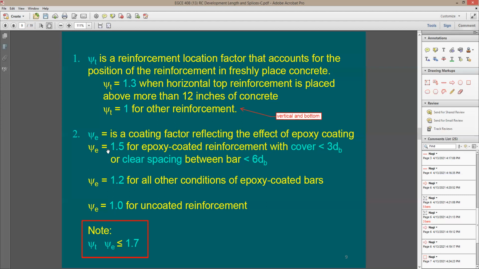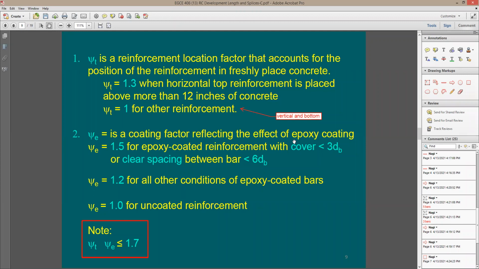But this 1.5 is going to happen when you have the cover smaller than 3 times the bar diameter, which means when you have this bad condition of a smaller spacing or smaller amount of concrete surrounding the rebar. You see, when the clear spacing is going to be less than 6 times the bar diameter, which means the rebars are closer to each other, or when the concrete cover on the top or to the side, any concrete cover, is going to be smaller than 3 times the bar diameter.